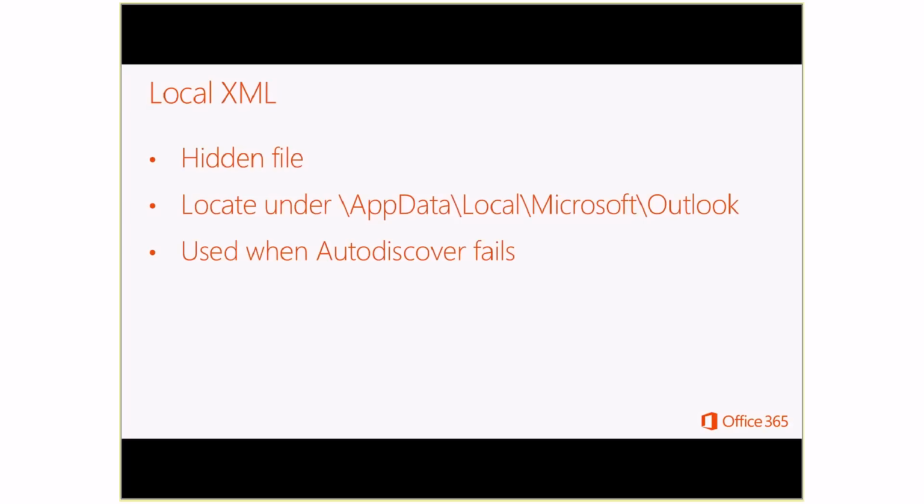So to prevent that, we cache the Autodiscover response into this local XML file that Outlook will use and reference. So if you're having problems with everything and you don't see any Autodiscover traffic, it could be just using this XML file, and maybe the XML file gets bad. You can always delete it and let it regenerate a new one.